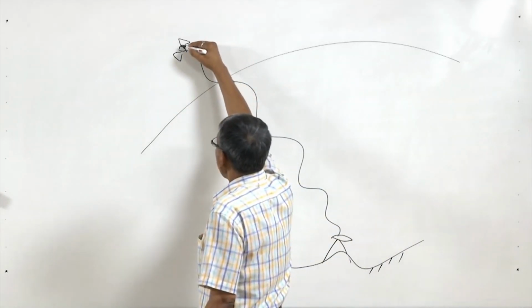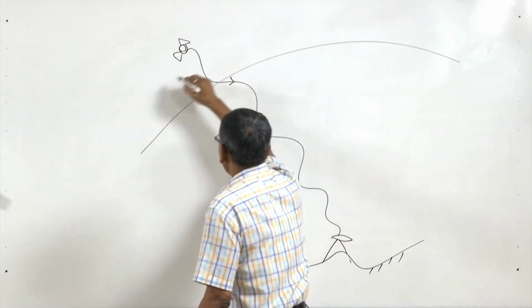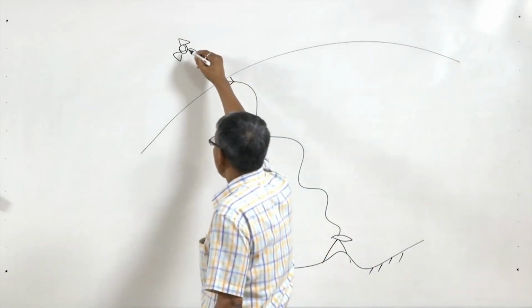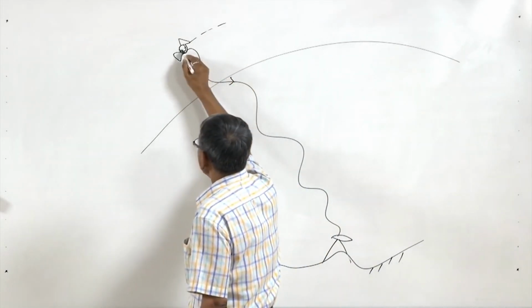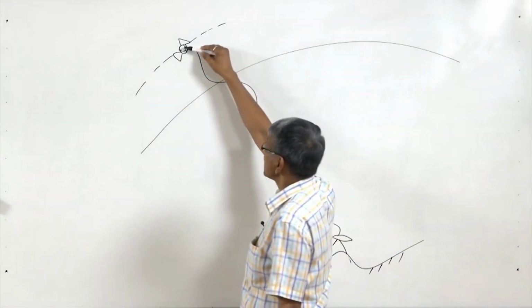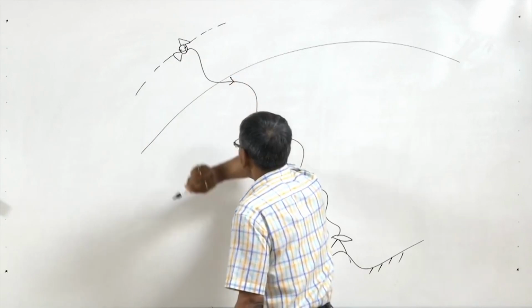Now there may be errors in this signal which may be generated out of the space segment, that means related to satellites, related to orbit.